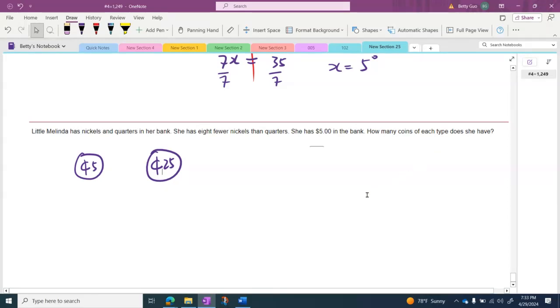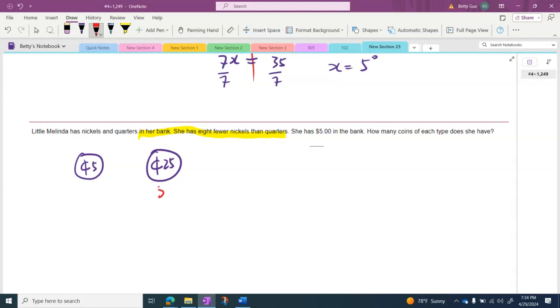Okay, so we have 2 targets, 2 unknowns. But we are only going to use one variable, so we have to determine which variable to assign as x. Because of this sentence, she has 8 fewer nickels than quarters, it really doesn't matter in this case.